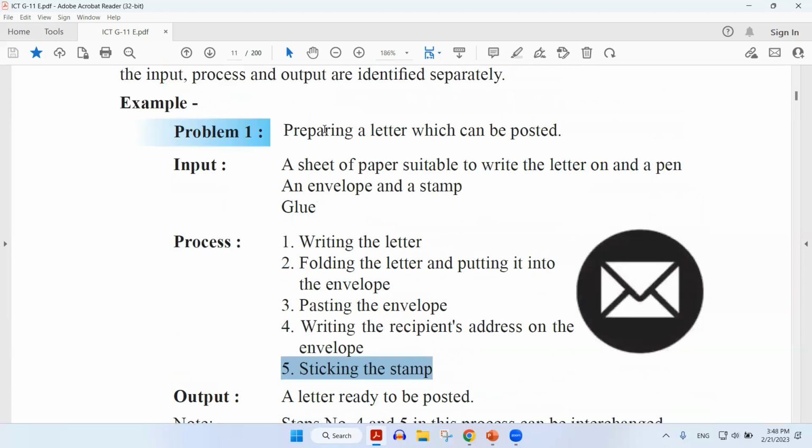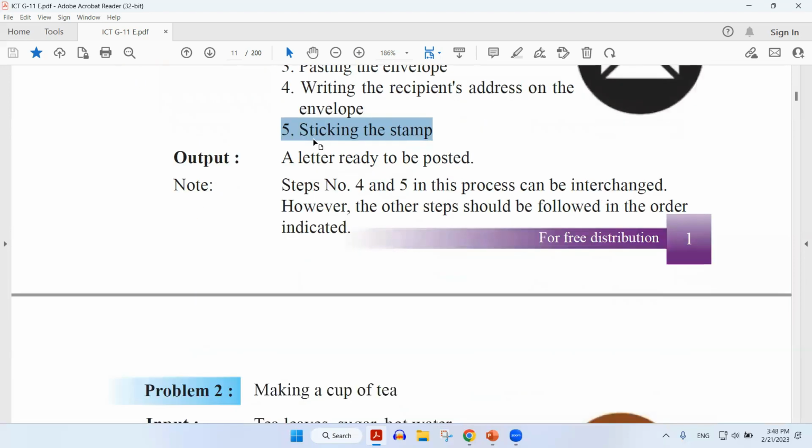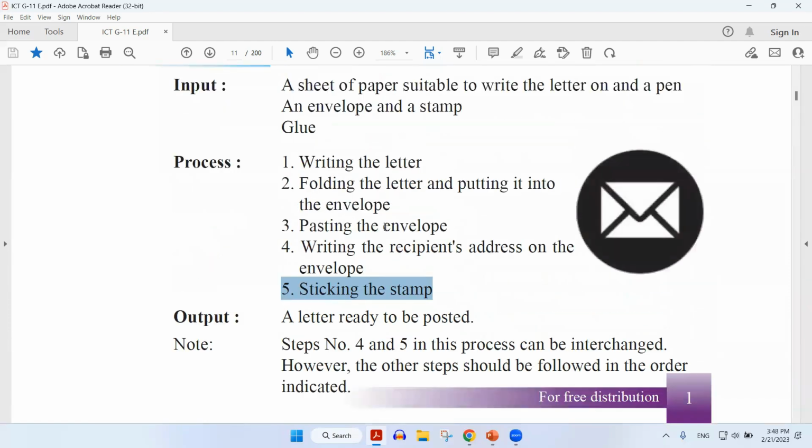Under your first problem, it's better we write this particular point. I will read it to you, and you may write it down.